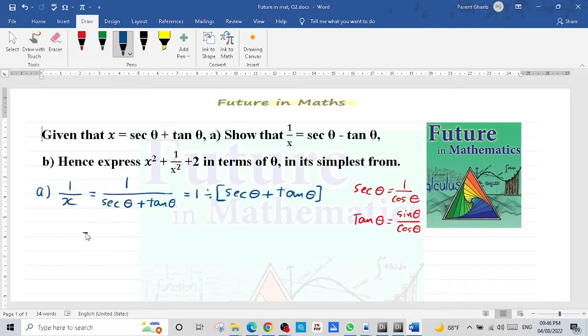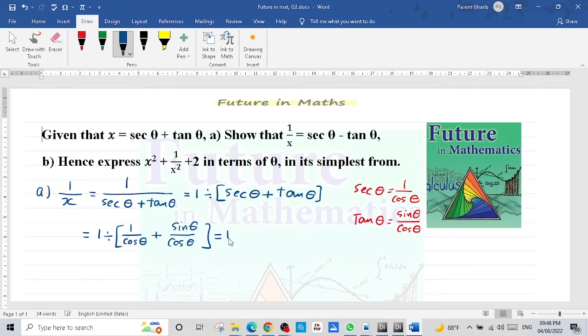Then 1 over x equals 1 divided by sec theta, 1 over cosine theta, plus tan theta, sine theta over cosine theta. The same denominator, so we can add the two fractions.